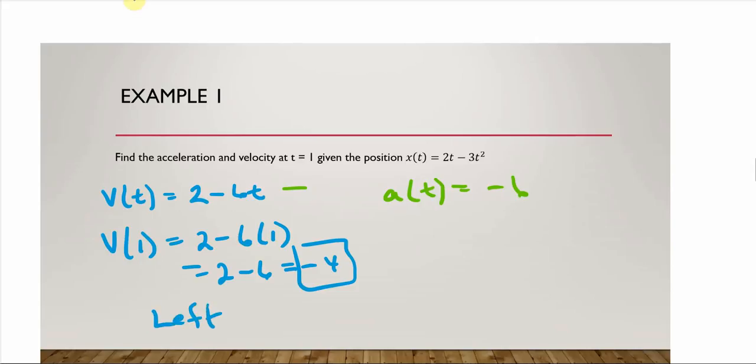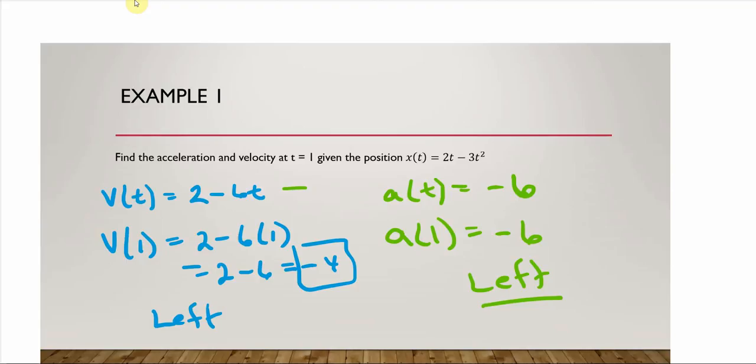Okay. Now in this scenario, my acceleration is negative 6, and believe it or not, when I ask for the acceleration at 1, students get stumped and say, hey sir, where do I plug in the 1? Well, there's no variable to plug it in, so my acceleration is negative 6. So that means that my acceleration is also going left.